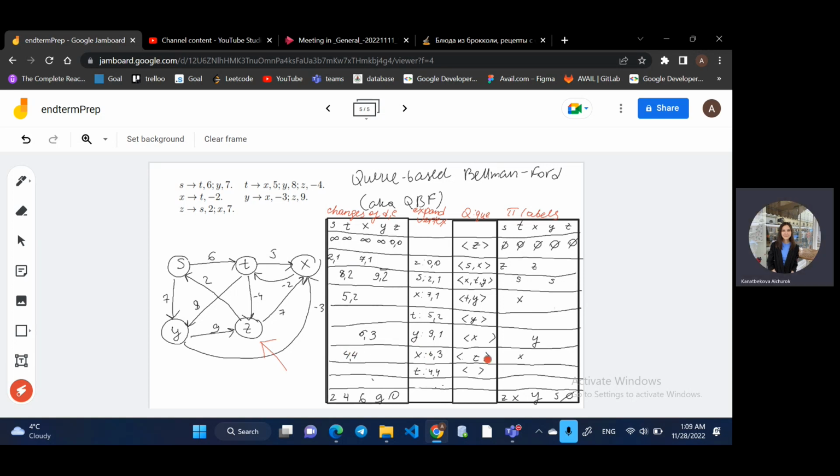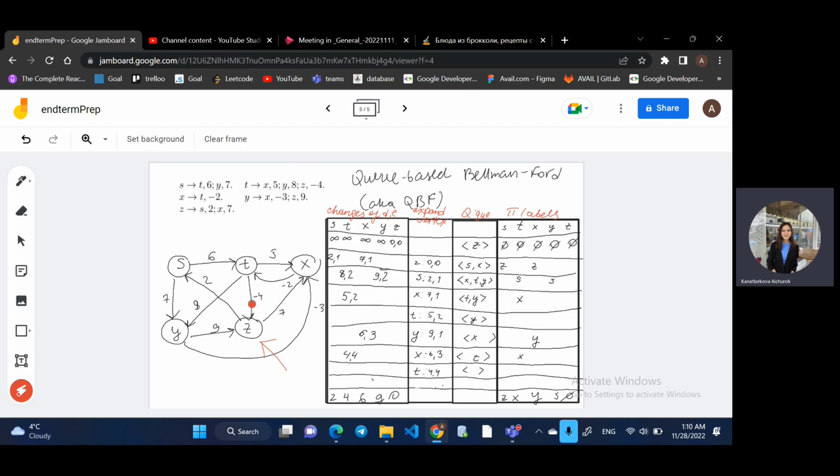Okay, and we add this T to the Q, and then we take out from the Q T with its value 4 and 4, and we go to T, and we have this 3 edges, and 4 plus 8 is 12, and 12 is not smaller than 9. 4 plus 5 is 9, but we have 6, so also we do not do anything.